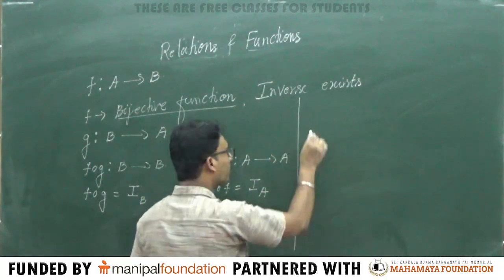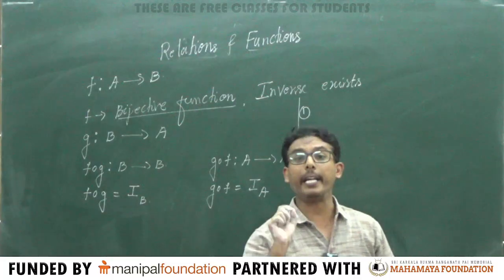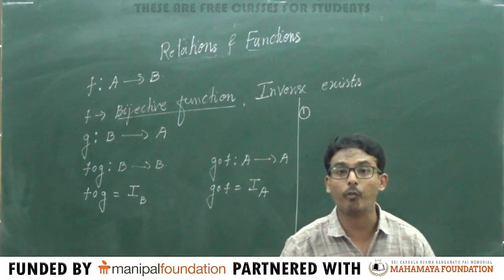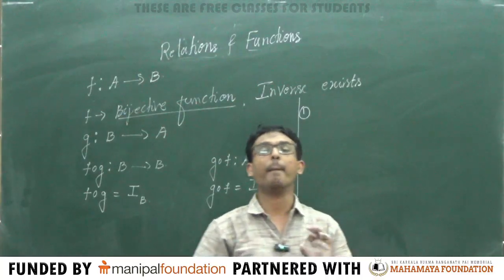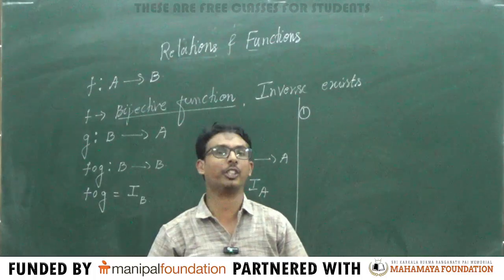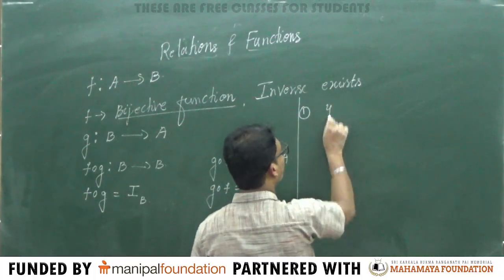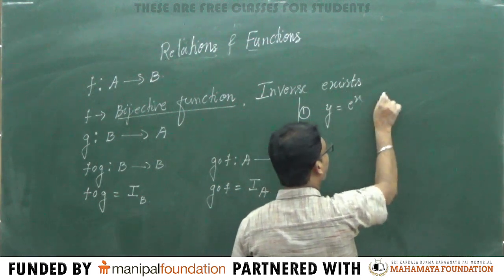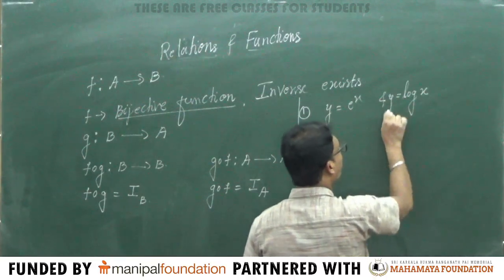First point, the function and its inverse are mirror images about the line y is equal to x. For example, we know that e power x and log x are inverses to each other.